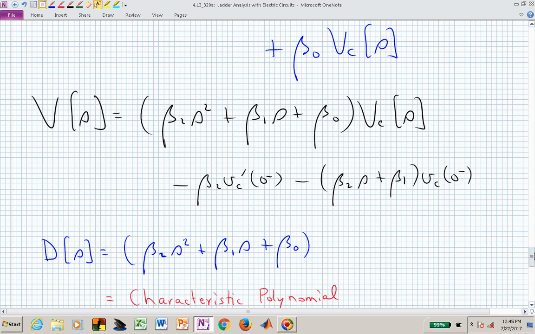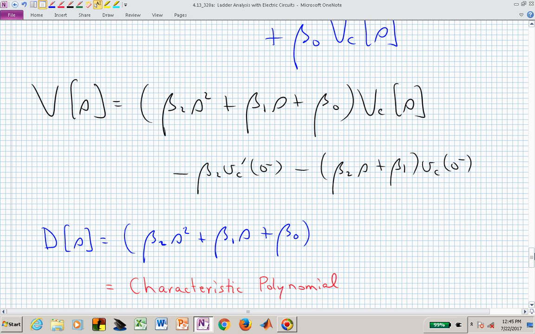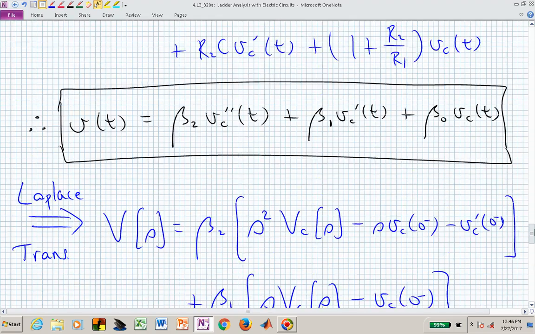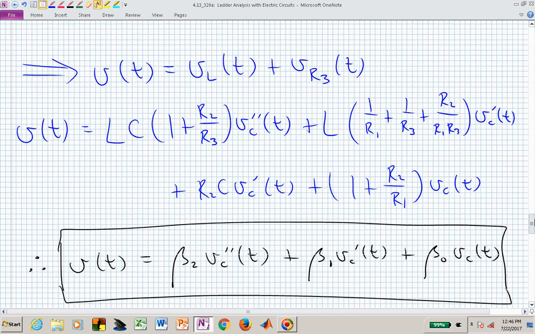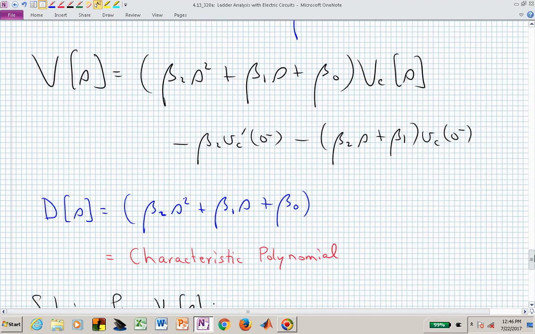Let's go ahead and define this polynomial in S. It's a second order polynomial because we had a second order differential equation that has the betas. Remember, those betas were associated with linear combinations of terms of L's, R's, and C's from our differential equation.